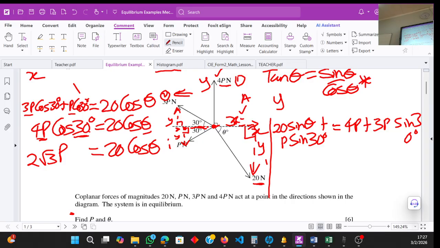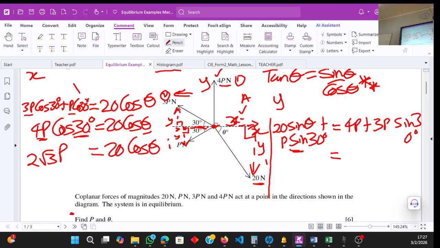Let me go and look at what's happening with the y. With the y, I have 20 sine theta, but this side is also 20 cos theta. And it looks like it's relating to this identity that I'm giving there. So maybe I'm being quizzed to say, can I transpose this so that I make 20 sine theta the subject of the formula on the second equation?